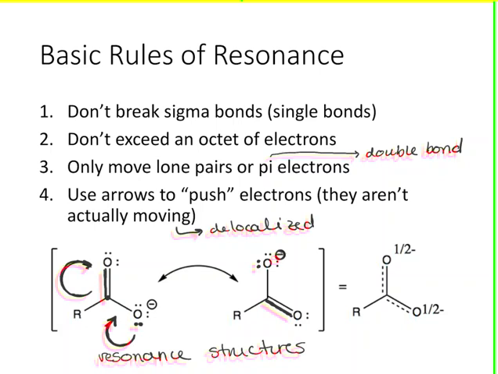So then we can draw our hybrid structure and show that the electrons are actually delocalized between those two oxygens, and they're each sharing the negative charge, so they actually only have half of a negative charge. And this is more stable.